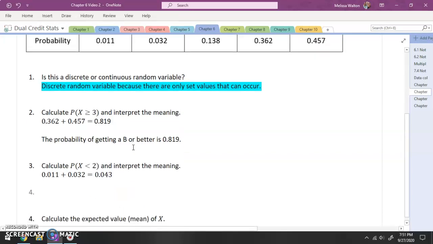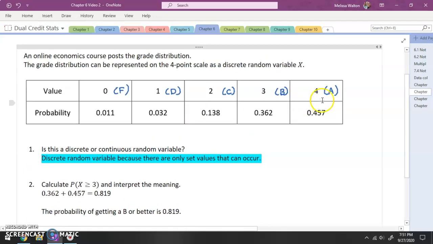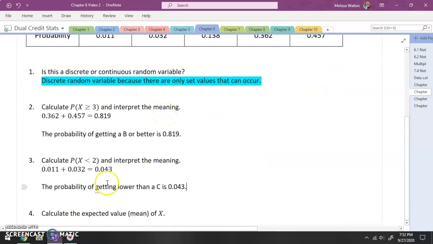And interpret this in the context of the problem. The probability of getting lower than a C is 0.043. Not too bad. In the whole grand scheme of things, this is a pretty good grade distribution. Lots of A's and B's, few C's, but then very, very rarely are there D's and F's. So the probability of getting lower than a C is 0.043 or 4.3%.